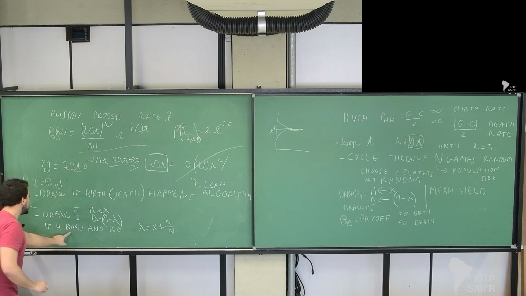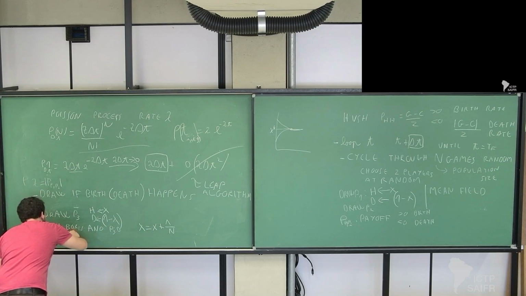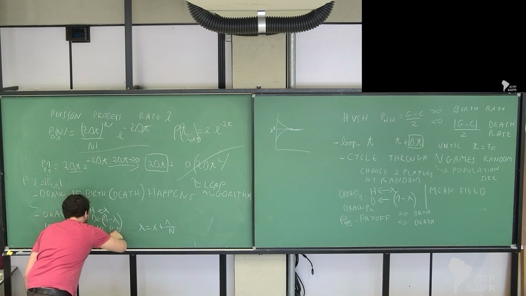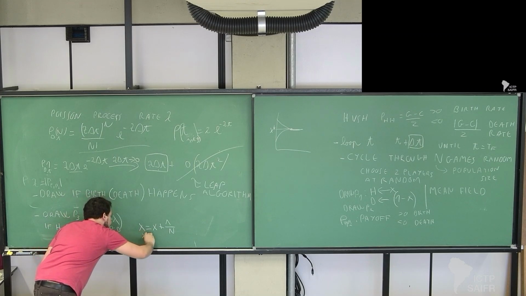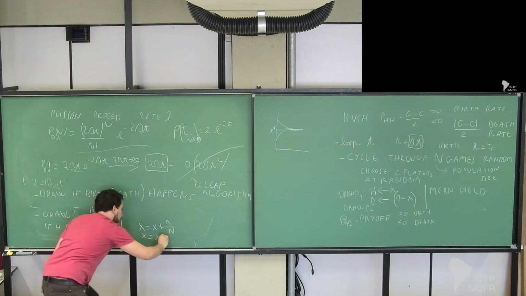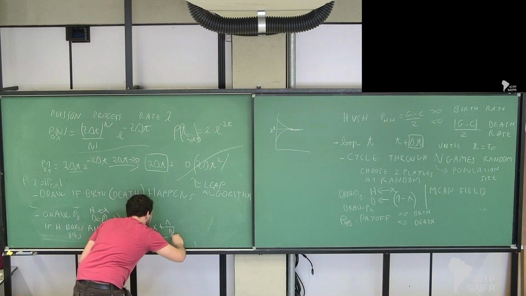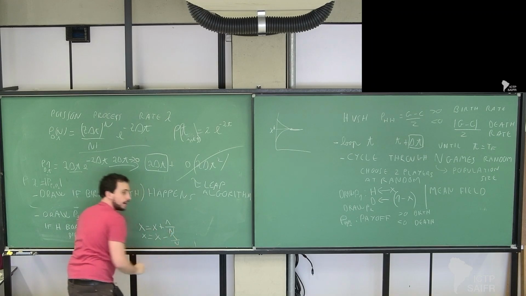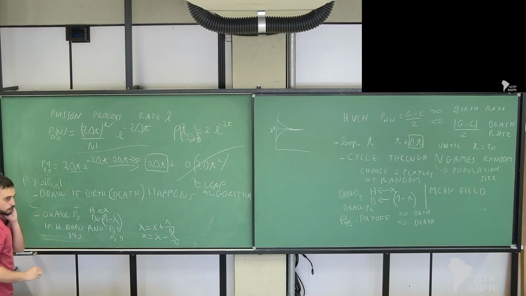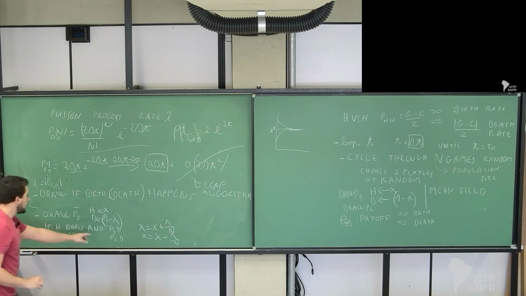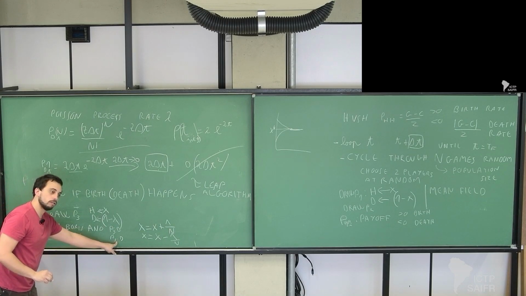If the hawk dies, and again P3 is a dove, then x is going to be equal to x minus 1 over n, okay? Because you're replacing a hawk with a dove.